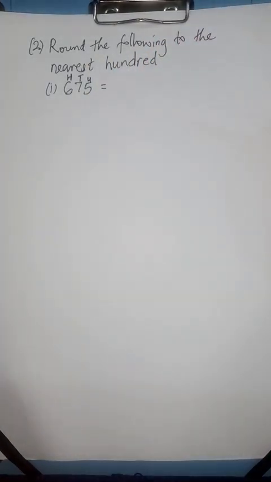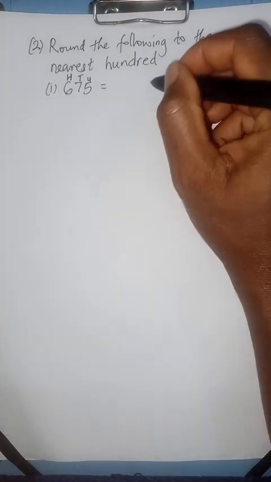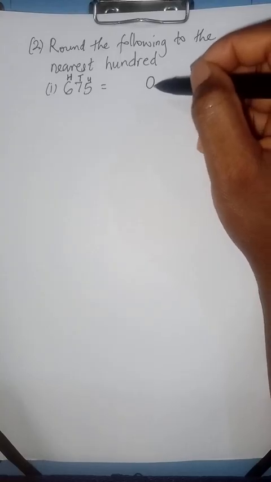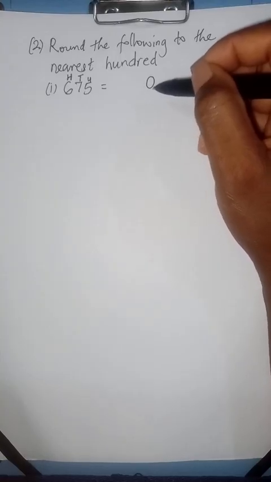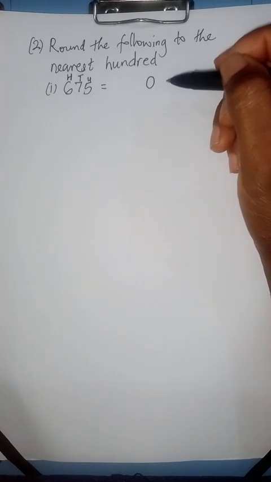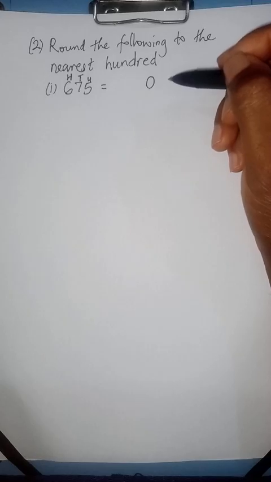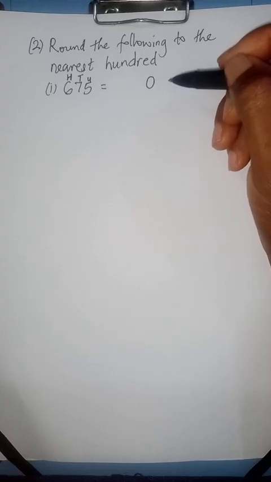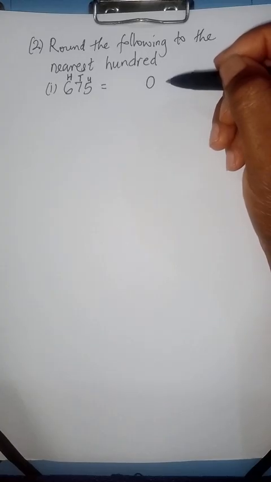Now let's check it out. Convert the units to 0 so that you are not confused with that. Your focus now will be on the tens. Why? Because you're rounding to the nearest 100. Remember, when we're rounding to the nearest tens, our concentration is on the two closest values, which are the units, or the ones, and the tens.